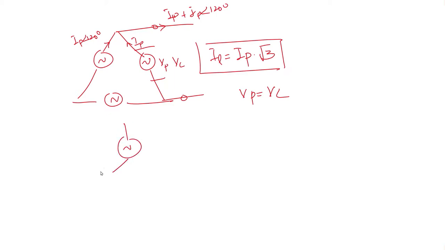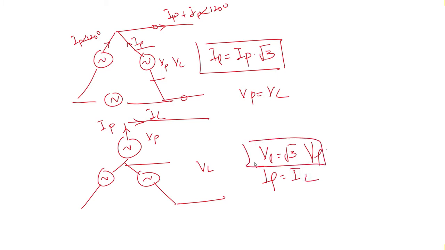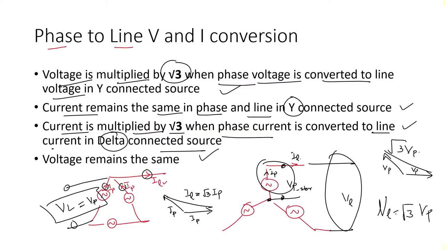Similarly, if we have something like this, this is our VP and this is our VL, so VL is equal to root 3 times VP, whereas IP is equal to IL. So these are the four conditions which we discussed in this slide.